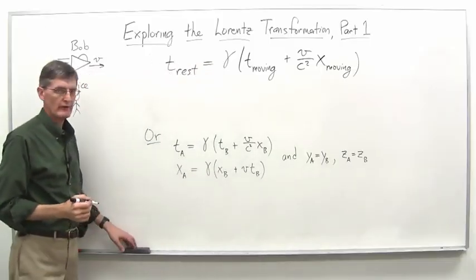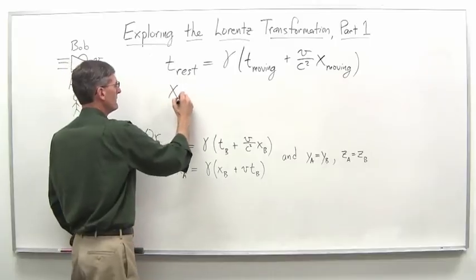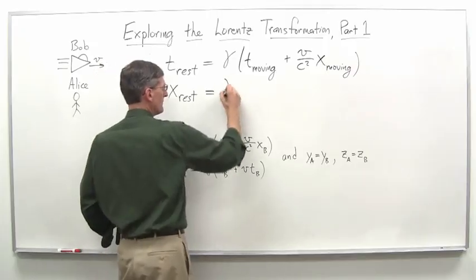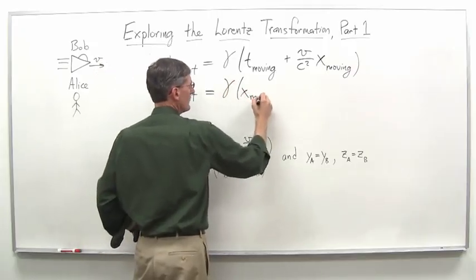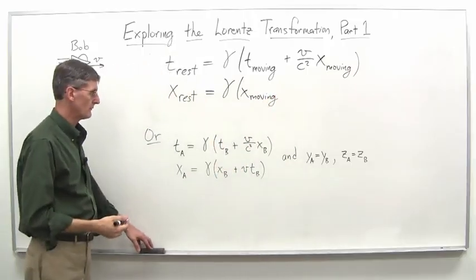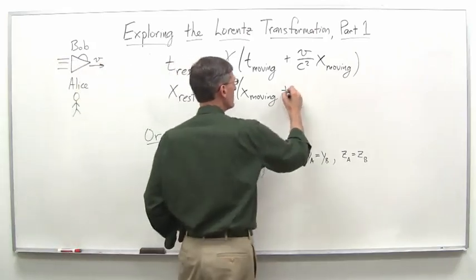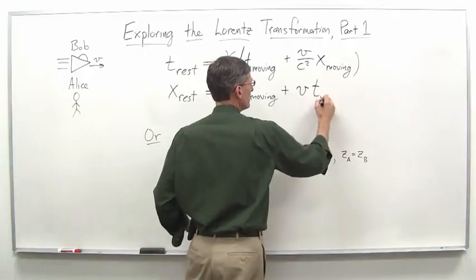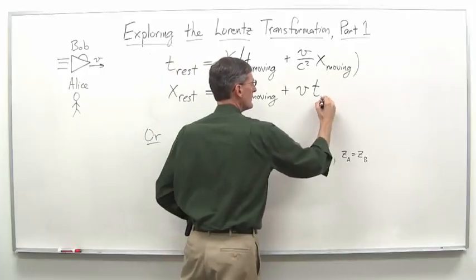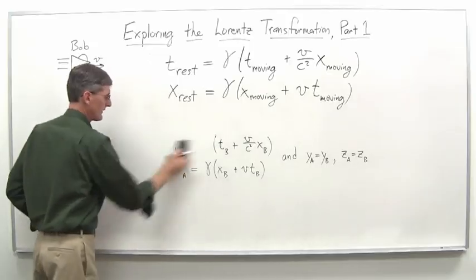In this case that would refer to Bob. And then x rest equals gamma times x in the moving frame with respect to Alice, Alice being assumed at rest here, plus v t moving, not rest. Okay, so we got that.